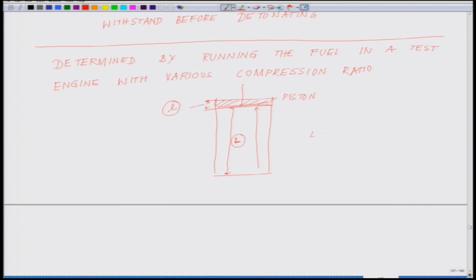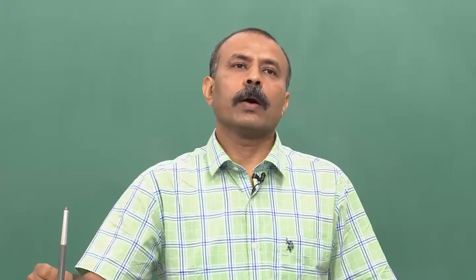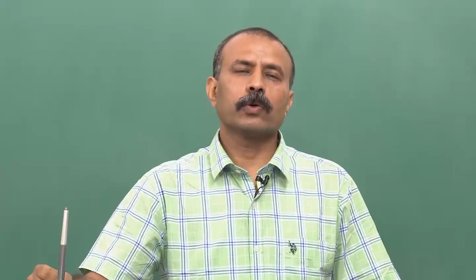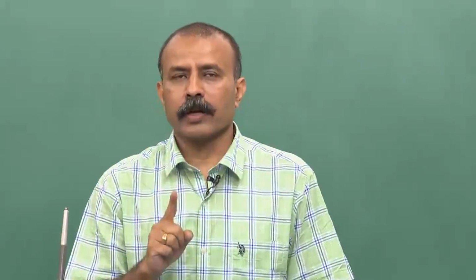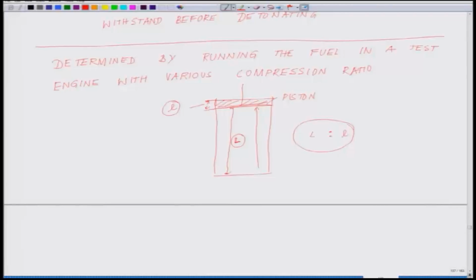So, the compression ratio is L versus a small l. So, the higher you can compress a mixture without it getting self ignited makes you a much better controlled fuel. Okay. So, it will have a higher octane number.